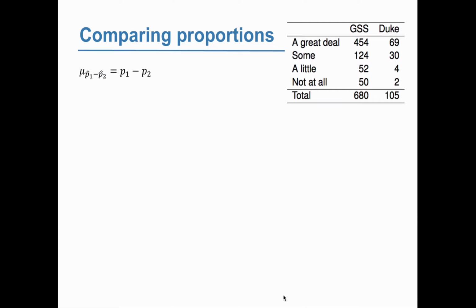The mean of our difference between two proportions is going to be the difference between the two proportions. So the sample for all Americans, the proportion was 454 out of 680, which is 0.668. And for Duke students was 69 out of 105, which was 0.657.